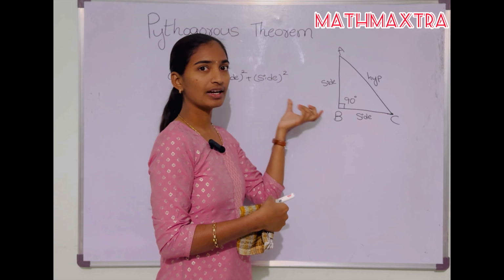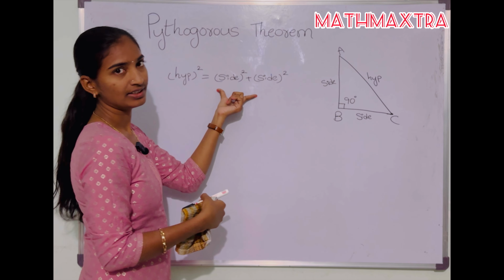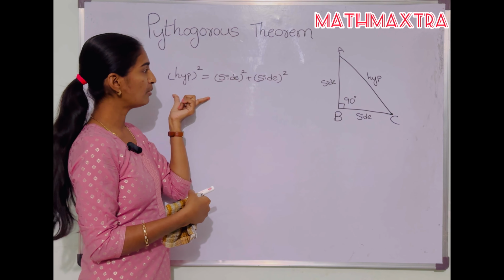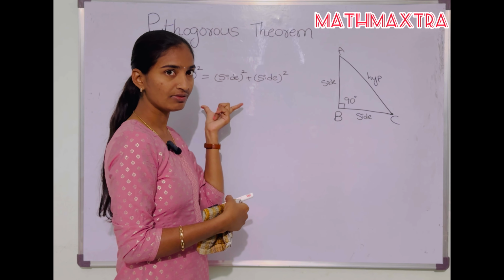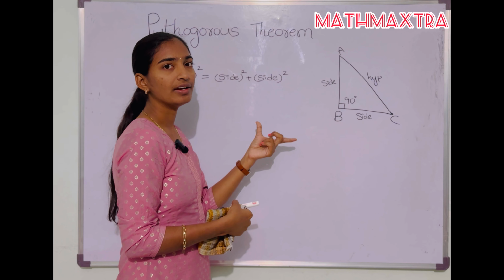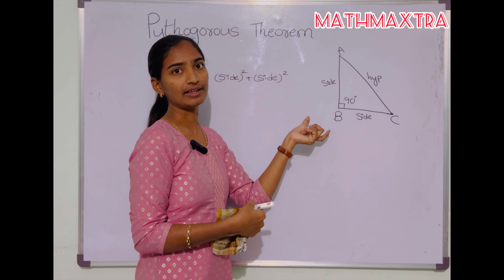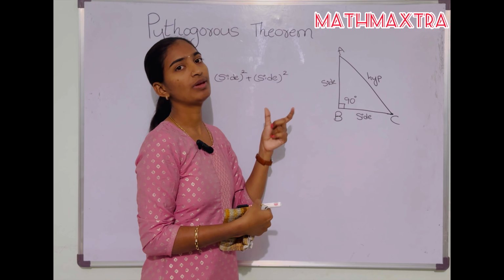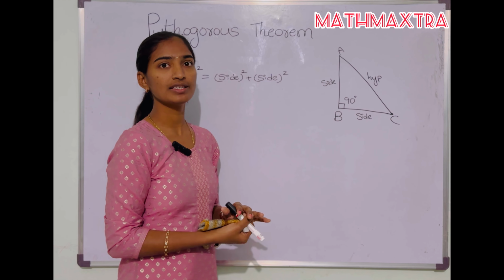The converse is: if this condition is satisfied, meaning the hypotenuse square is equal to side 1 square plus side 2 square, then the angle must be a right angle. That is nothing but it must be a right angle triangle. So that is the converse of Pythagoras theorem.